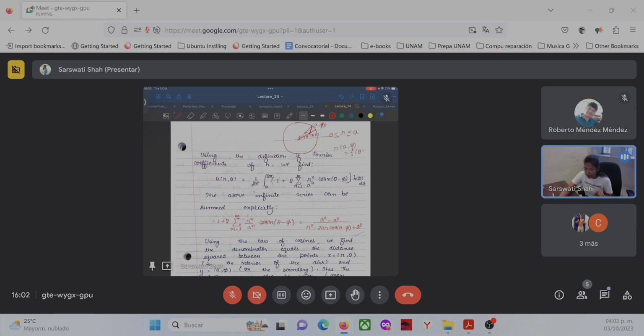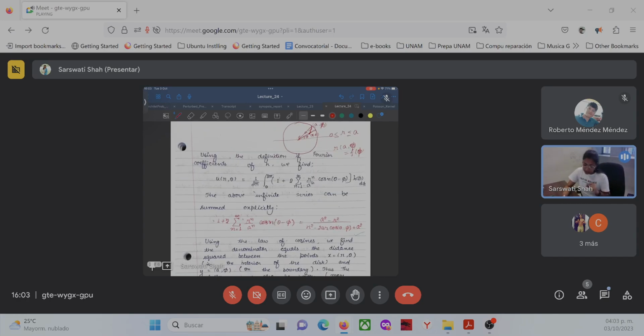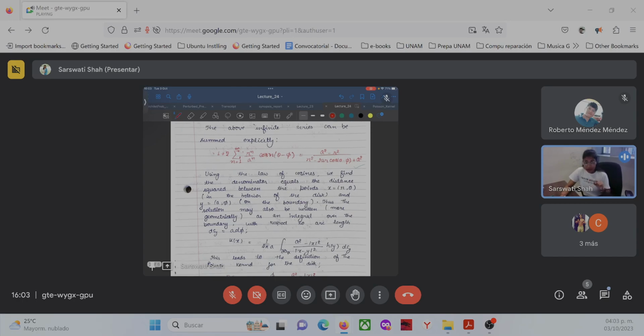So when we fix phi, it will be f(phi). Using these 2 points, if you calculate the distance between the 2 points in the polar coordinates, then that distance is what you may calculate.